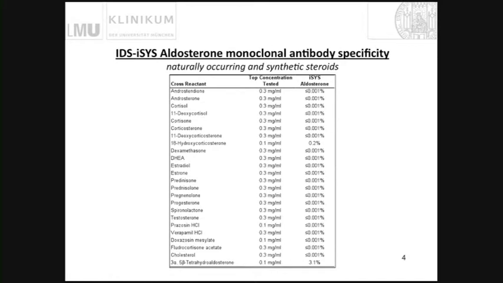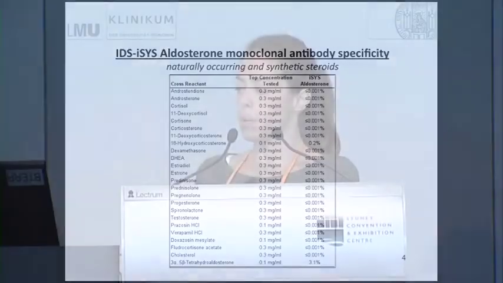And there's also 3% cross-reactivity with the urinary metabolite, the 3-alpha-5-beta tetrahydroaldosterone. And this data is in accordance with the data which is already published for this monoclonal antibody, which was produced by Professor Gomez Sanchez many years ago in the 80s.